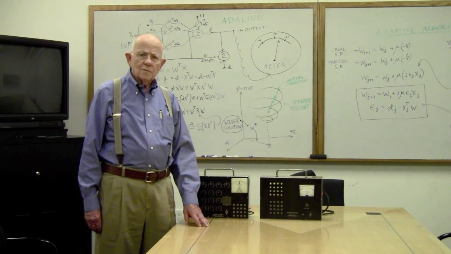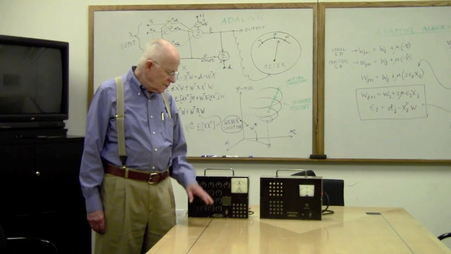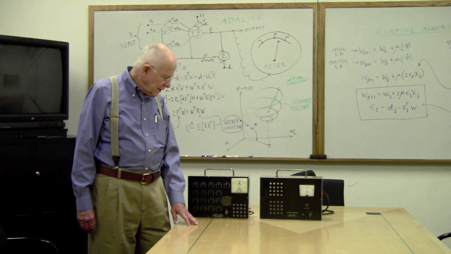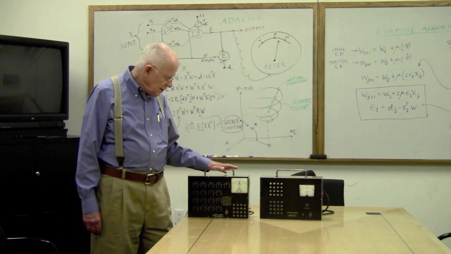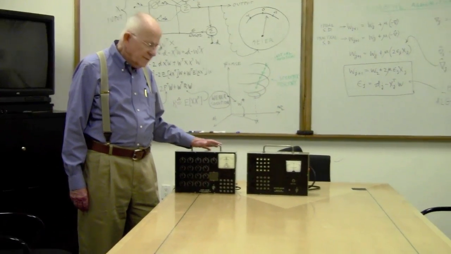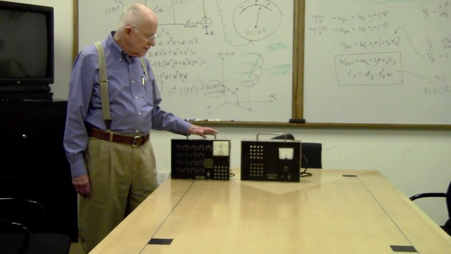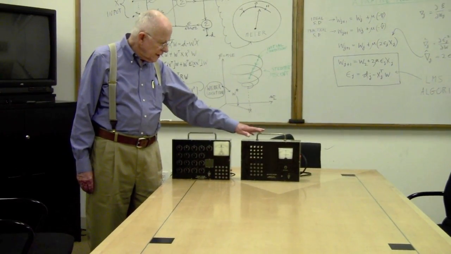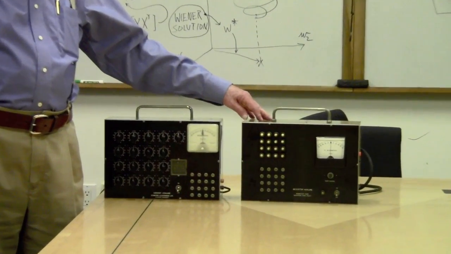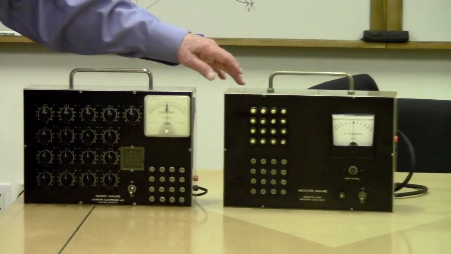What I'll show you is two pieces of equipment that we had built. The one here that my hand is on was built in 1960. And the second one was built, I believe, in 1963. So these are quite old pieces of equipment.